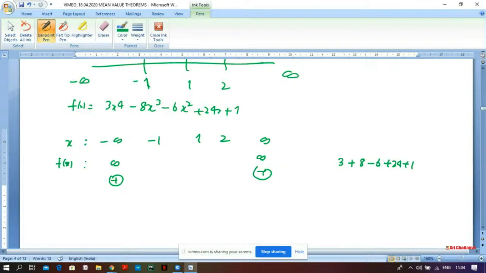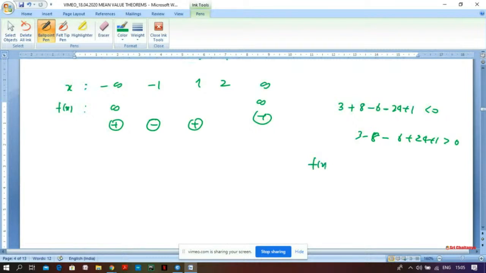So it is negative because we are putting x equal to negative 1. So this is negative. If I put f of 1, then 3 minus 8 minus 6 plus 24 plus 1. It is quickly seen to be positive. So this is positive.